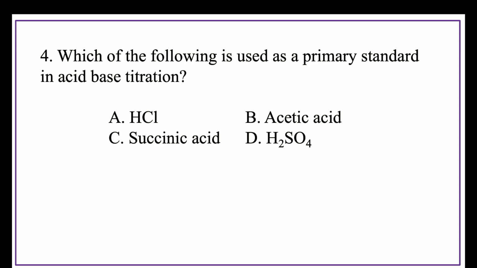So if we consider here HCl or acetic acid or H2SO4, its concentration depends on specific gravity. So it is not stable. It changes with conditions like temperature and others. So succinic acid here is used generally as a primary standard in case of acid-base titration.